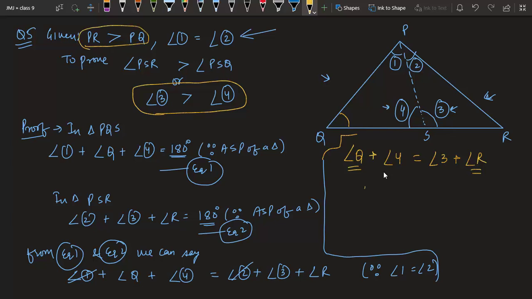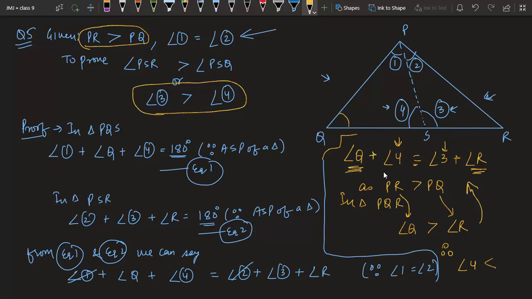So in triangle PQR, the angle opposite to PR, which is angle Q, is more than the angle opposite to PQ, that is R. Now we will utilize this in this equation. Therefore, as Q is more than R, 4 needs to be less than 3 for this equality sign. Hence, angle 4 is less than angle 3.